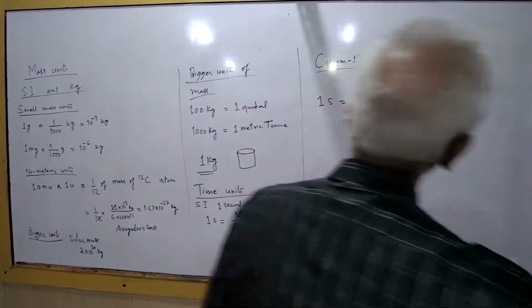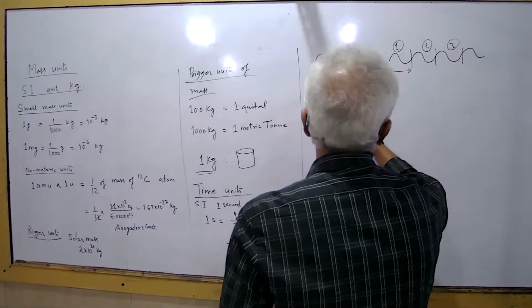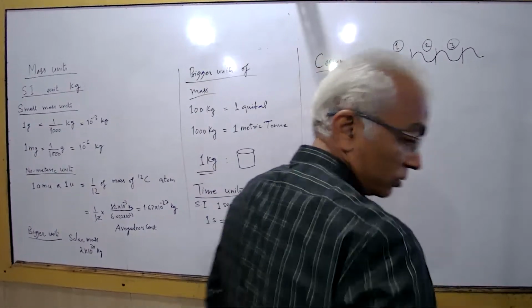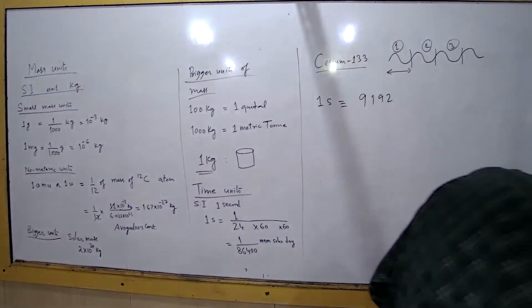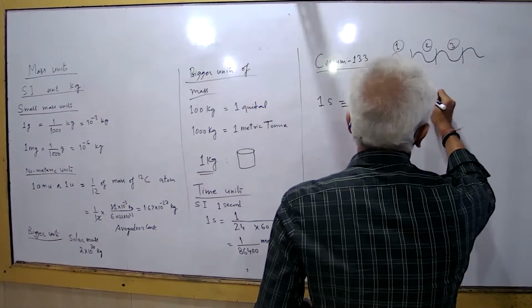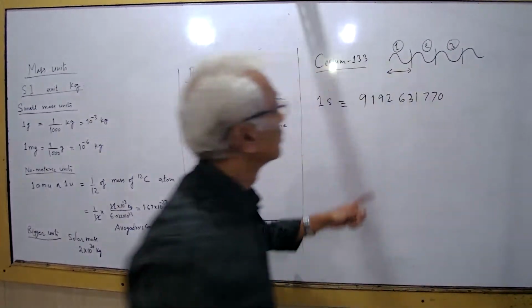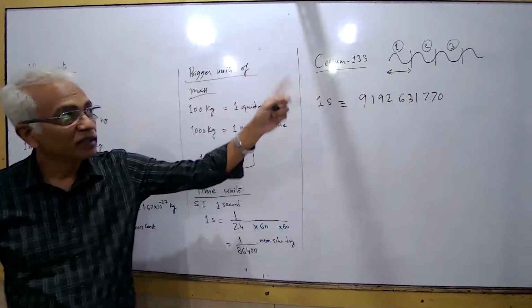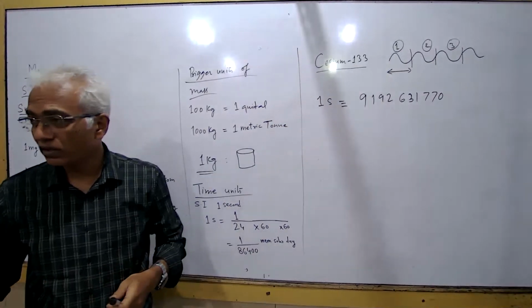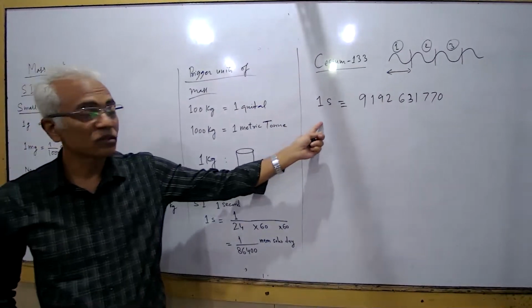So when this cesium 133 atom emits 9,192,631,770 vibrations, it releases them very fast, and that duration is called 1 second.